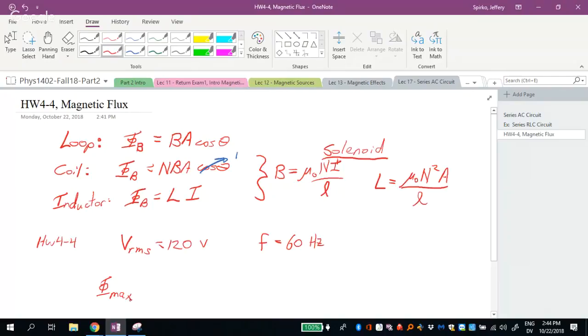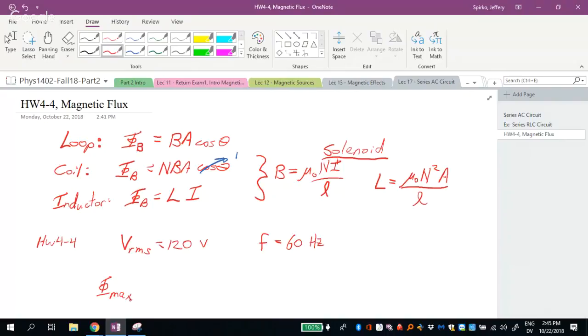So since flux is proportional to current with just a constant, it has the same idea of an RMS versus a maximum value, but we can calculate the max flux just by using the max current. So if only we could calculate the maximum current, then we could multiply by L and find the maximum amount of flux.